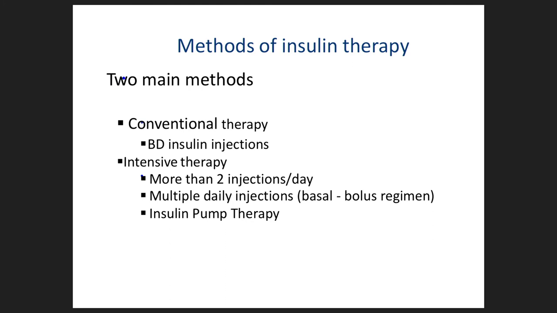This trial was done over 10 years in Europe, America, Canada, and a lot of Western countries, and they divided the patients between conventional therapy, twice per day, and multiple daily injections, intensive therapy, and followed up these patients. They found that those on intensive therapy had a lower hemoglobin A1C as well as lower diabetes complications in comparison with twice per day injection.